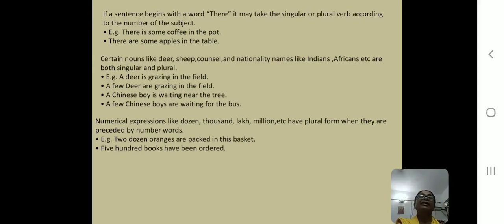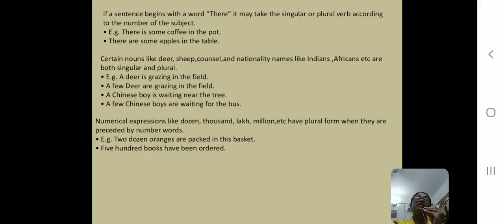And then if a sentence begins with the word there, it may take a singular or plural verb according to the number of the subject. For example, there is some coffee in the pot. There are some apples on the table. So if a sentence begins with there, then we have to see the number of the subject.